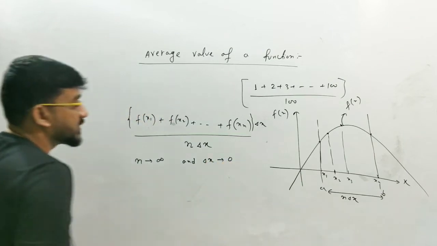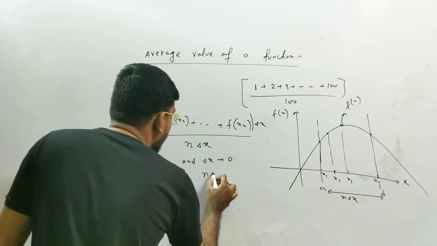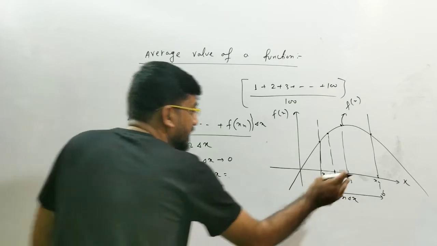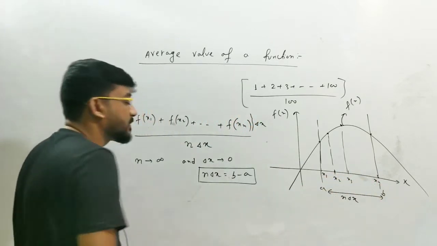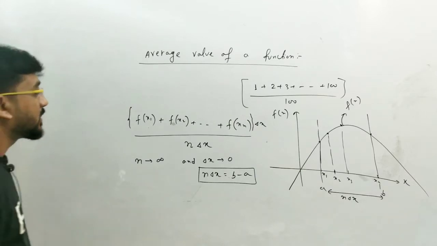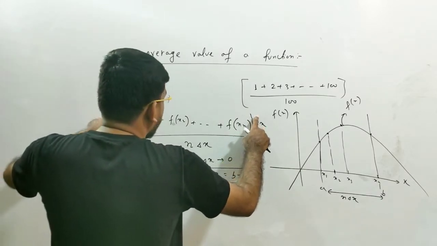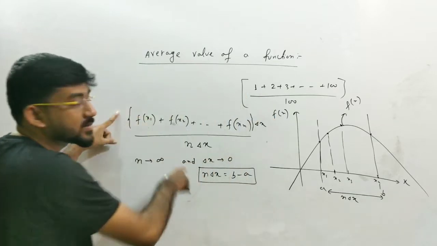In this situation, n into delta x will give you the exact value of b minus a, and your numerator will be the integration of f of x dx.